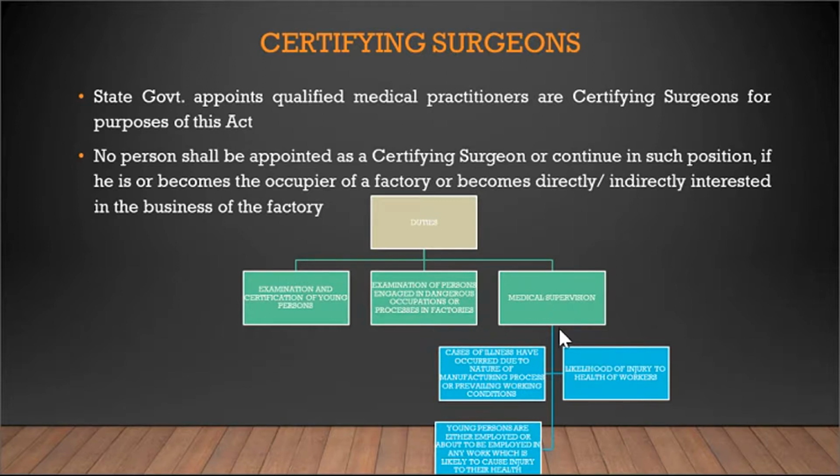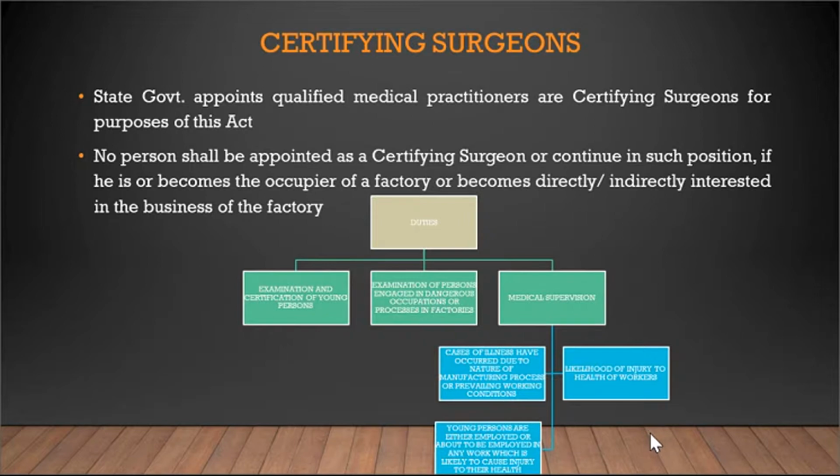Under medical supervision, they have to see to cases of illness which have occurred due to the nature of the manufacturing process or prevailing working conditions, cases where young persons are either employed or about to be employed in any work which is likely to cause injury to their health, and the likelihood of injury to the health of workers.